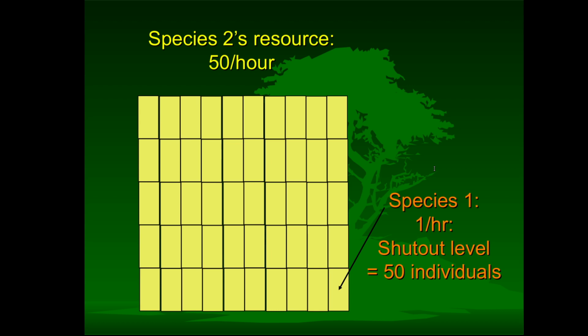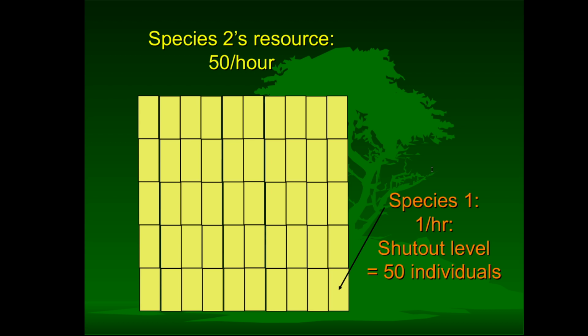So note that we're assuming that there is no interference competition between the two species. If species 2 is aggressive and kills or prevents consumption of that resource by other species, then it might require a higher N1 in order to be shut out. But we are assuming only exploitative competition.